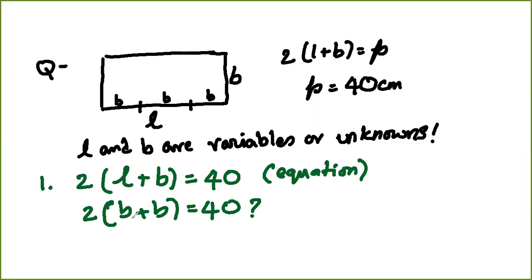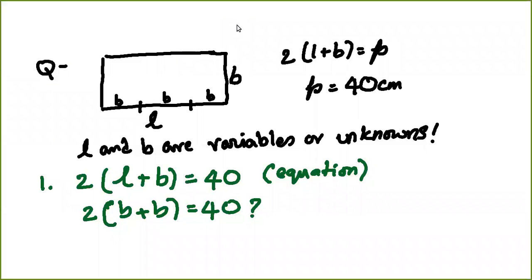Because there have to be four Bs. The original equation is L plus B, and we know that L is B plus B plus B, 3B. So I can't just replace L with B. That's not mathematics, that's magic. That's not allowed. So I have to correct this.